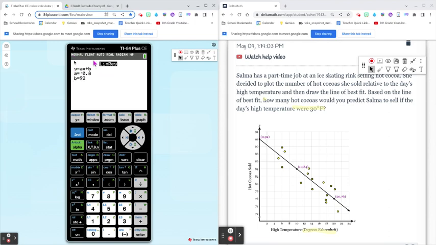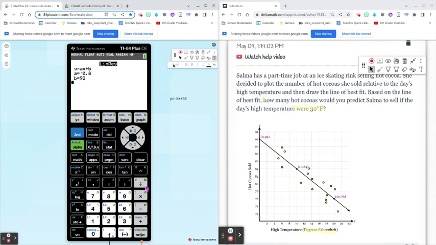Okay, the equation of the line, I'm going to write it here, is y equals negative 0.8x plus 92. If we needed to change that negative 0.8 to a fraction, we could. You use the math button. You just hit math, enter, enter. I can show you real quick.